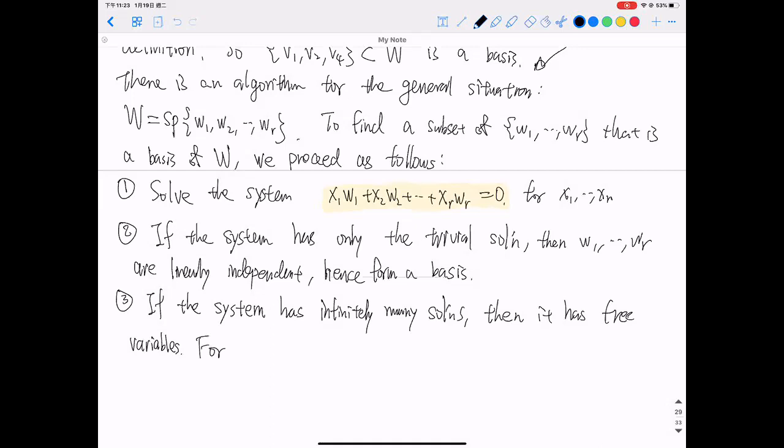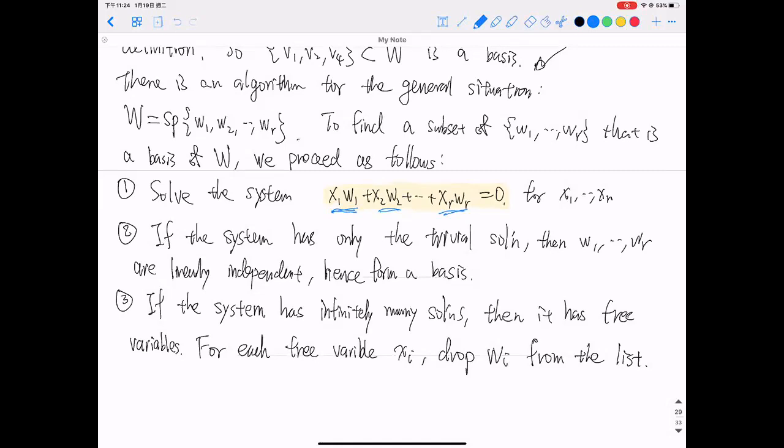Now the process is fairly straightforward if you think about it. For each free variable xi, drop wi from the list. Just as you can see in the equation, each variable is attached with a vector, x1 with w1, x2 with w2, and so on.